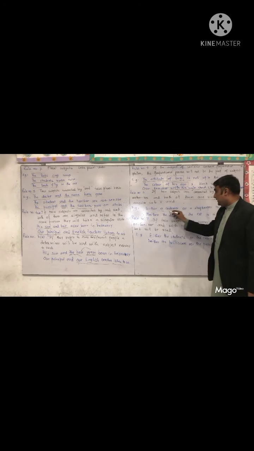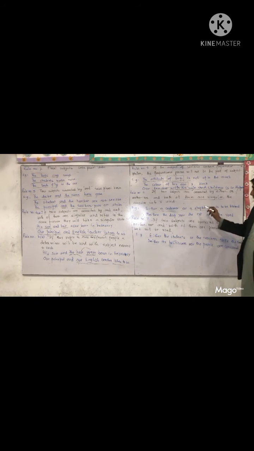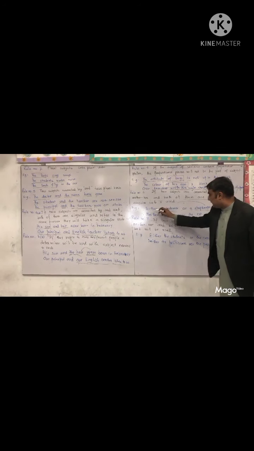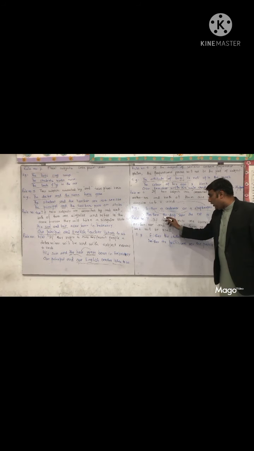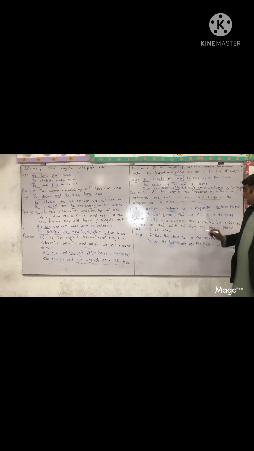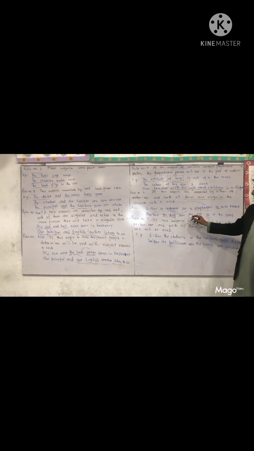'Either a customer', customer is singular, 'or a shopkeeper', shopkeeper is singular, 'is to be blamed.' So the verb we have used is singular. 'Neither the dog nor the cat is in the yard.' Both of them are singular and they are connected with 'neither nor', so the verb will be singular.